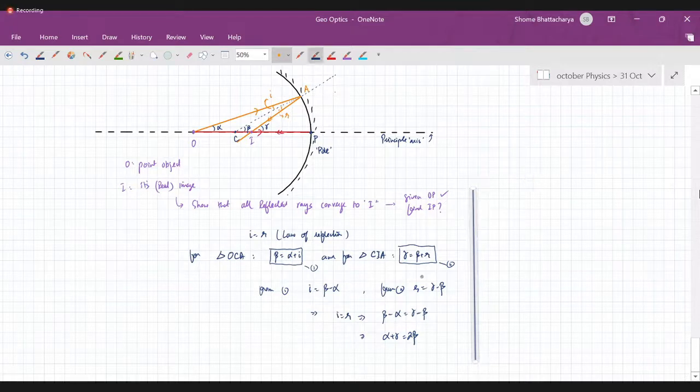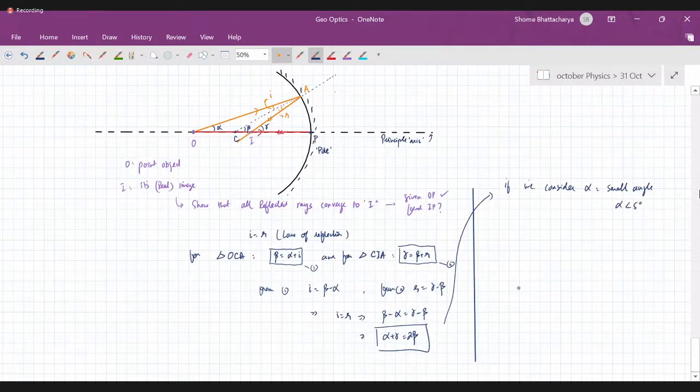So for this equation now, if we consider alpha to be a small angle, that is less than about 5 degrees, then automatically you can see from the diagram that beta and gamma also become small angles.